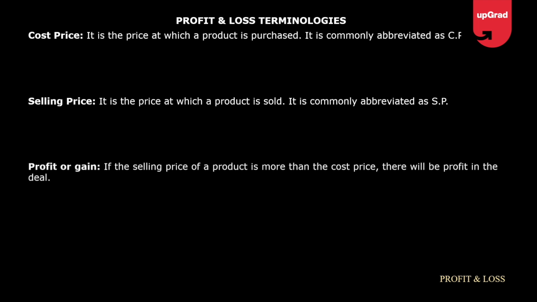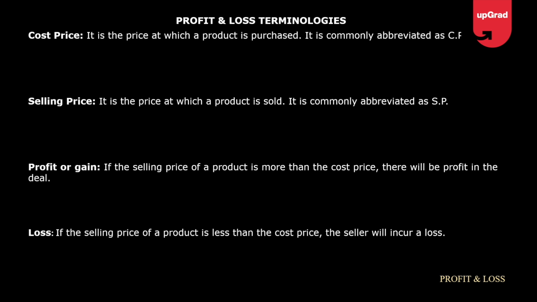Now, when we say there's a profit or a gain, when do we say so? If the selling price of a product is more than the cost price, there will be profit in the deal. Let's assume that I am a shopkeeper. I purchased a pen for rupees 10 from the wholesale dealer and I sell the same pen for rupees 15, which means my selling price is more than my cost price, and that's when I say that I am earning a profit, or it is also termed as gain.